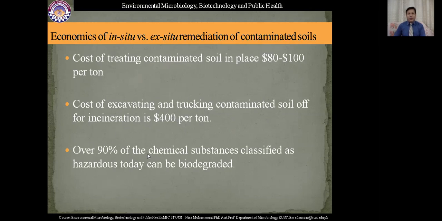Ninety percent of the chemical substances classified as hazardous today can be biodegraded. So bioremediation is the most acceptable, suitable technique because almost 90% of chemical pollutants can be degraded easily. Only 10% are xenobiotics and some elements, for which we can use the phytoremediation process.